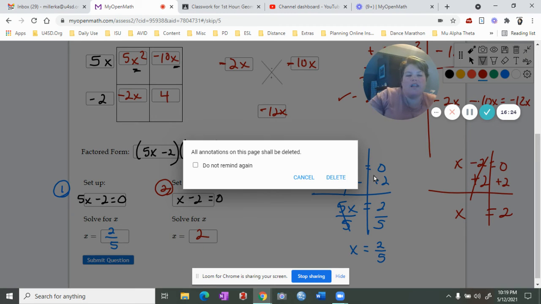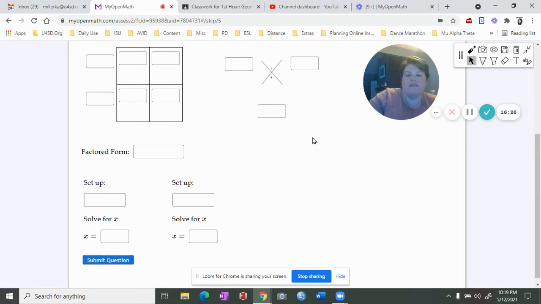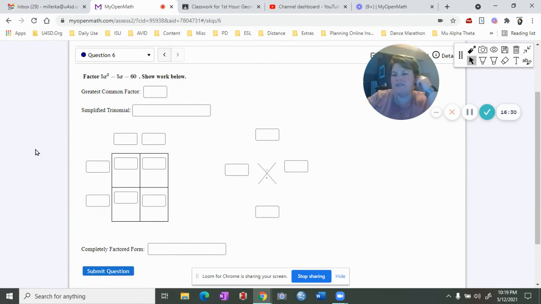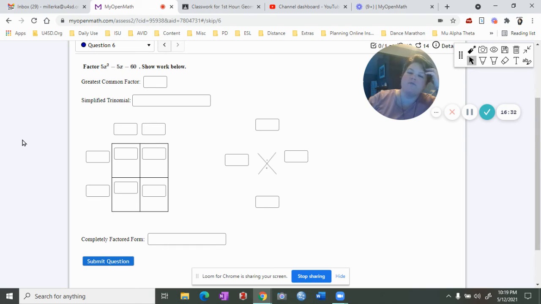Okay, let's take a look at the last one. Here we are just going to factor. We're not going to solve it. We're just going to factor. And we're going to do so by first looking for a common factor between 5x squared, negative 5x, and negative 60.